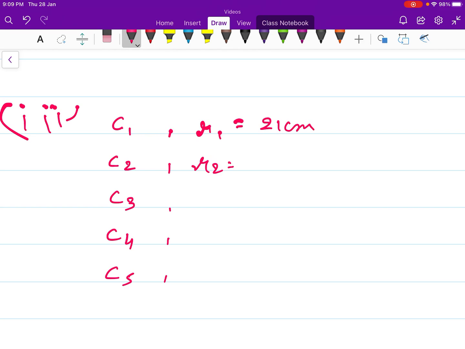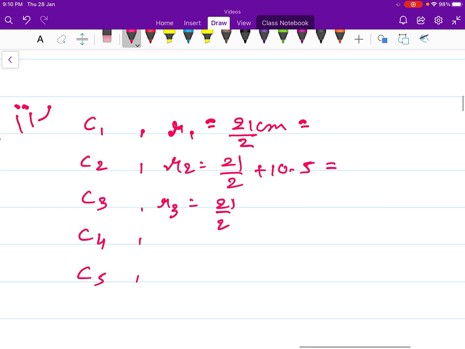R2 is equal to 21 upon 2 plus 10.5, which is 21.